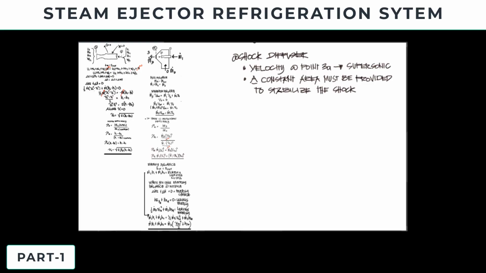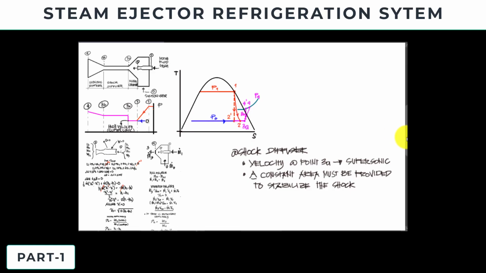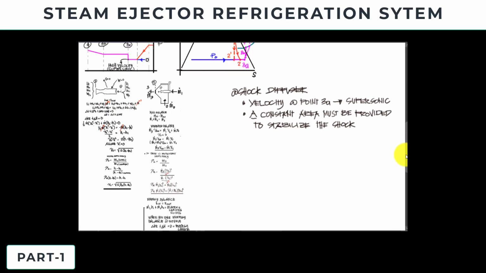Now let's go to the shock diffuser, which is this part, from 3A to 3B. The velocity at point 3A is supersonic, and the area from 3A to 3B remains constant.